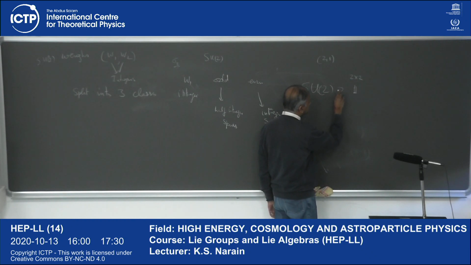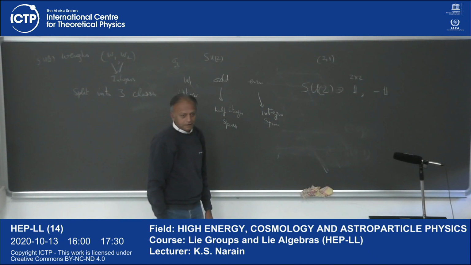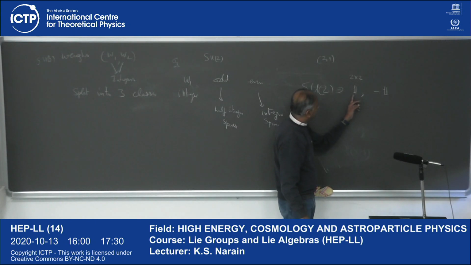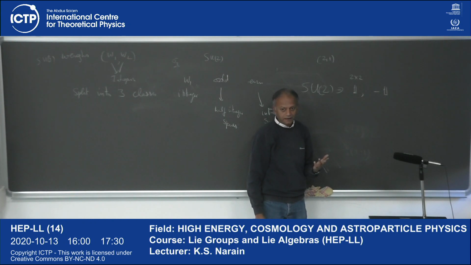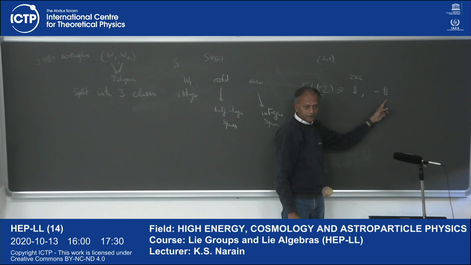And also there was a minus identity. Why? Because SU2 is a 2 by 2 unitary matrix with determinant equal to 1, right? Of course, identity is unitary, and its determinant is 1, and that's also 1 for minus identity because it's a 2 by 2 matrix.